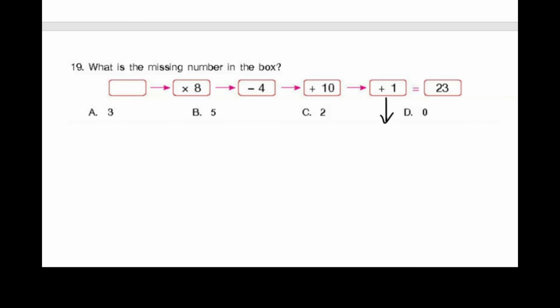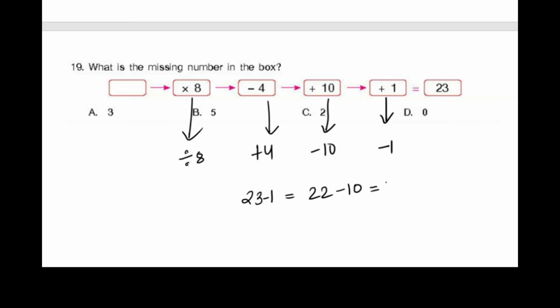If it is plus 1, we will make it minus 1, plus 10, minus 10, minus 4, plus 4, times 8, divided by 8, like this. So it will be 23 minus 1, that means 22, minus 10 will be 12, plus 4 will be 16, divided by 8 will be 2.